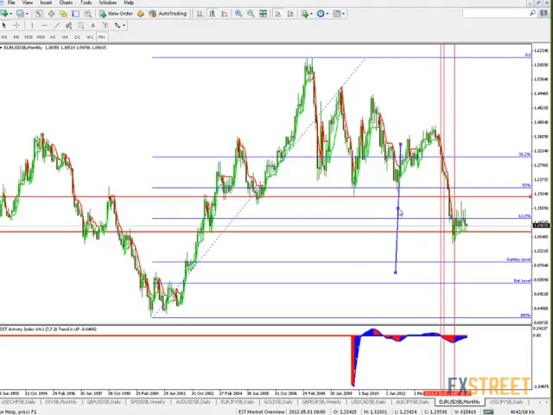So if we now take this and project it on down, well, where does it go to? Well, where the euro was in the year 2000. And that would be a complete and utter retracement.